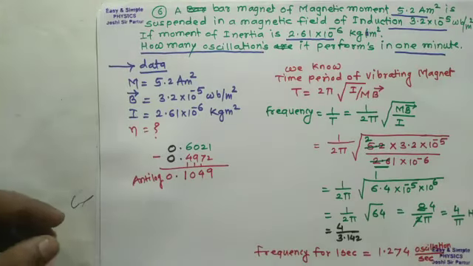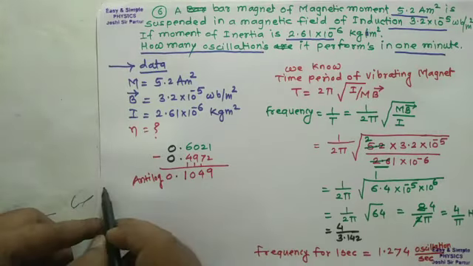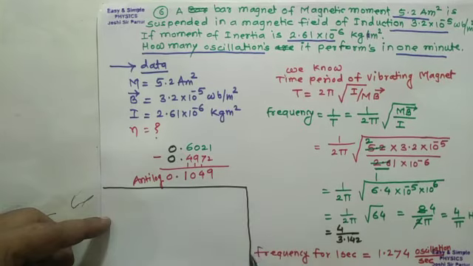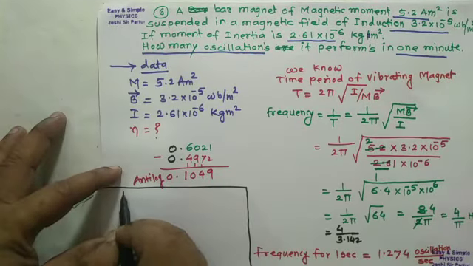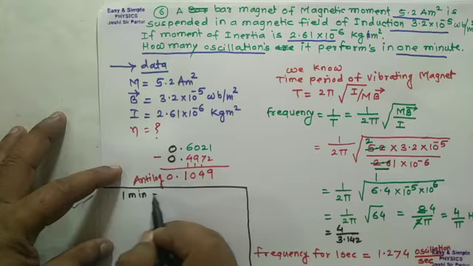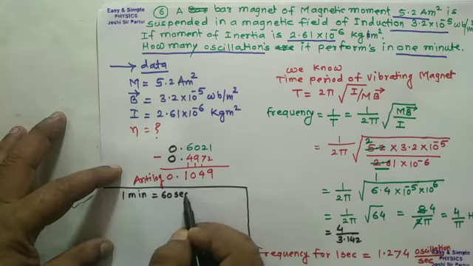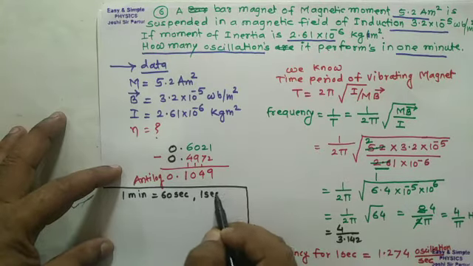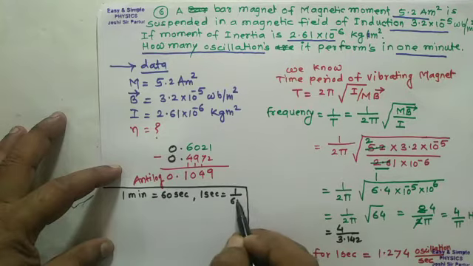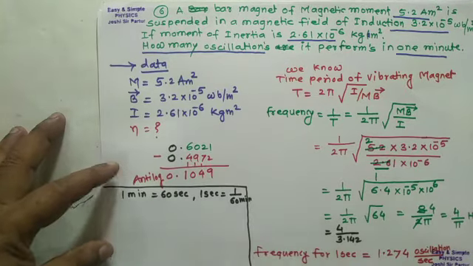So here we know that for 1 minute 60 seconds will be there, and for 1 second 1 upon 60 minute will be there.